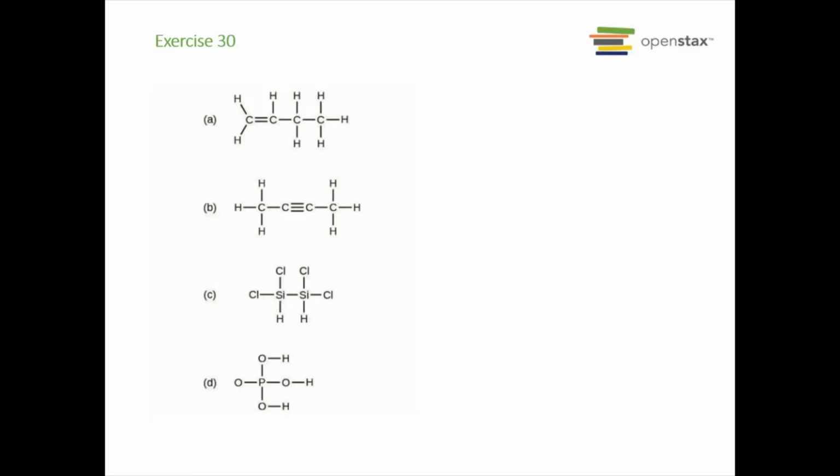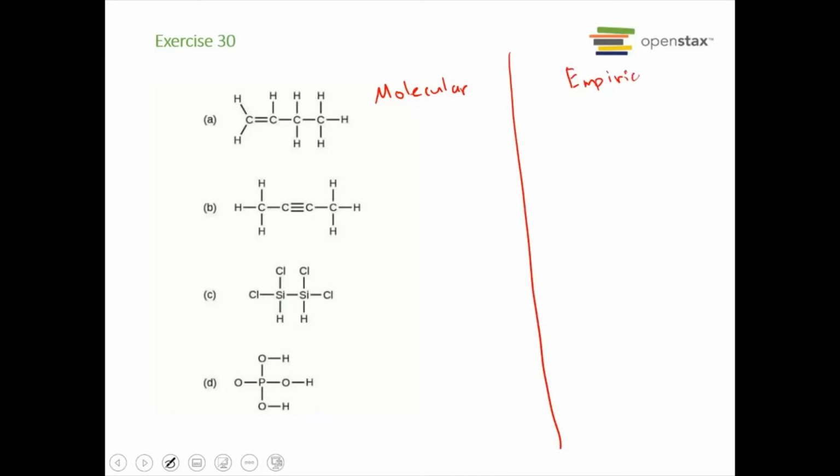So here we want to write the empirical and the molecular formulas. I'm going to make this a little chart. For A, molecular formula: we have 4 carbons and 8 hydrogens.